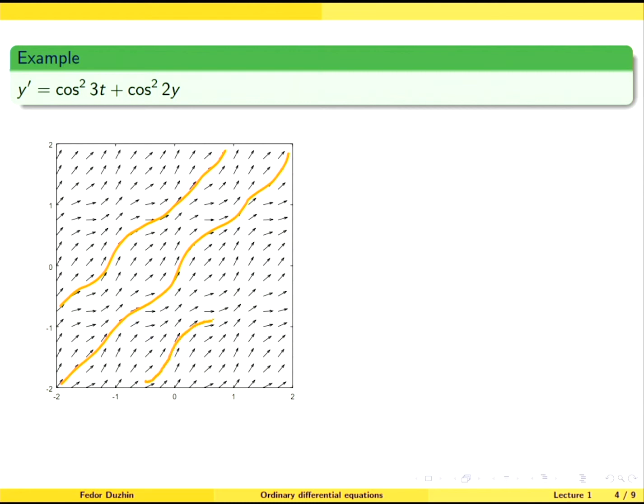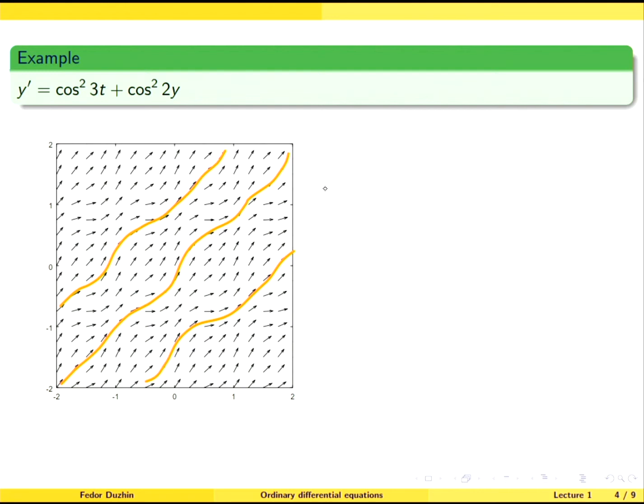And I think it's pretty clear that if you do this, then all solutions are going to be increasing functions. The reason is because if you look carefully at these arrows, all of them point a little bit upwards. I mean, all these arrows point to the right rather than to the left, and upward rather than downwards, in the sense that in all these arrows, both x and y components are positive.